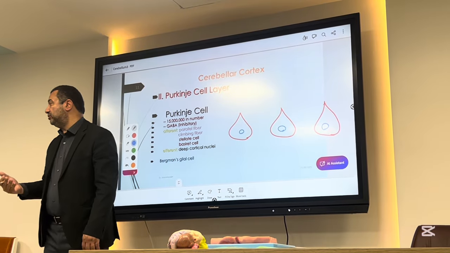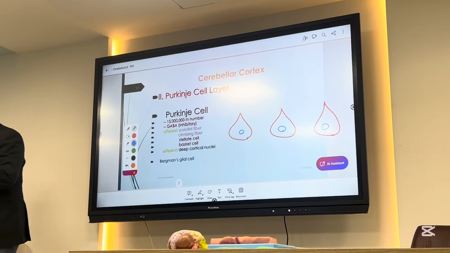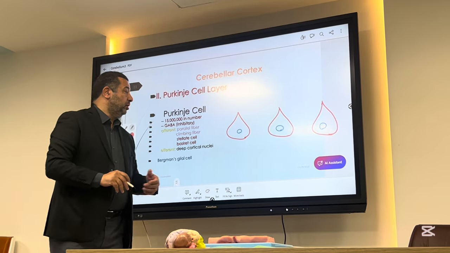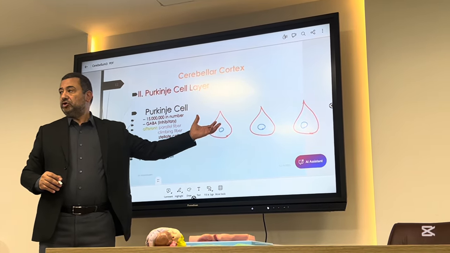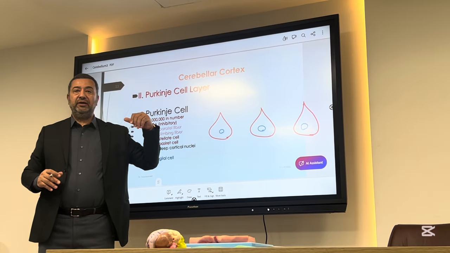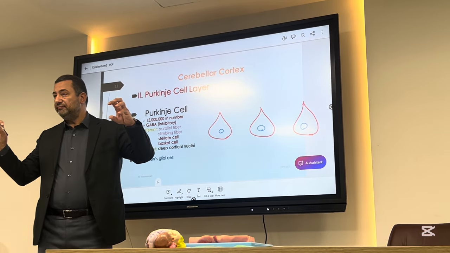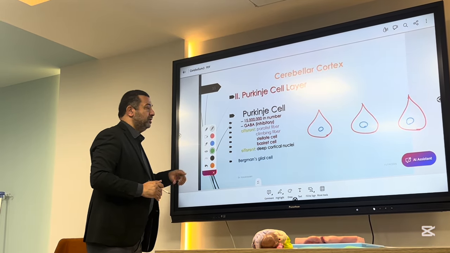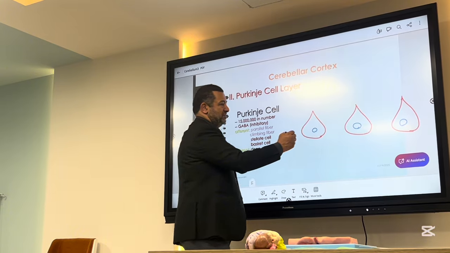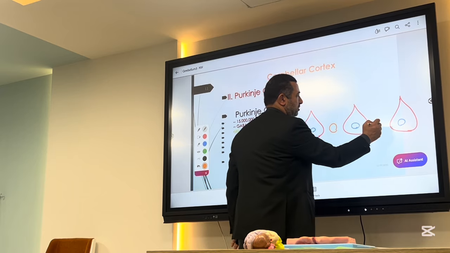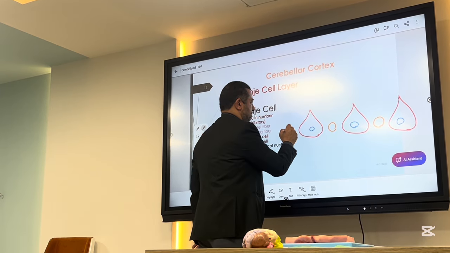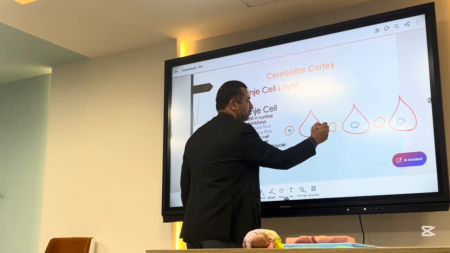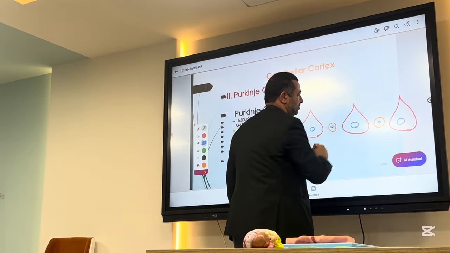The body or soma of Purkinje cells are located in a line, and between them there is another cell, modified astrocytes, that are called Bergmann's cells.